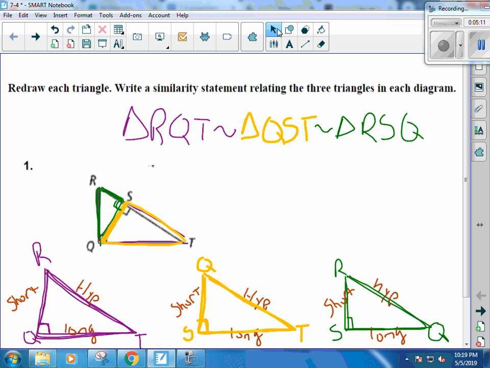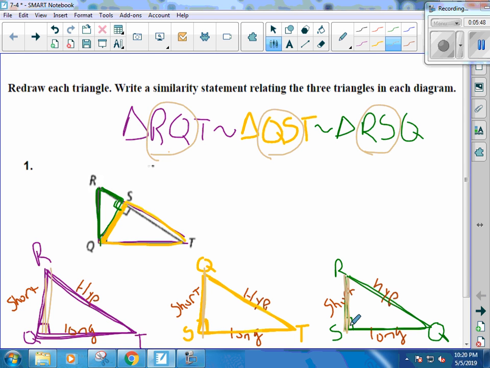From this statement I can now tell which angles go together and which sides are going to be similar to each other. For example, I can tell that side RQ will be similar to QS, which will be similar to RS. RQ was the short to QS to RS. So the first part of your assignment today is simply writing a similarity statement.